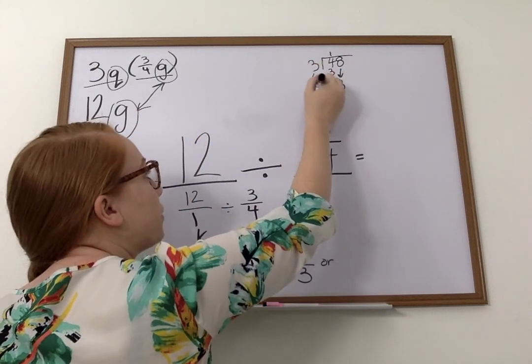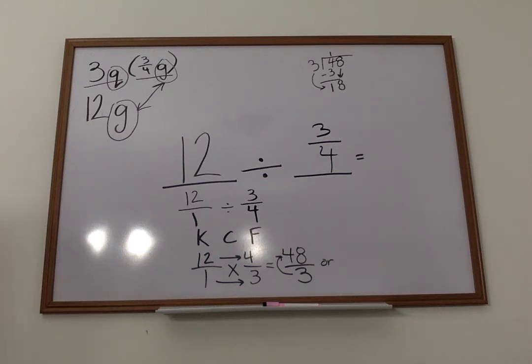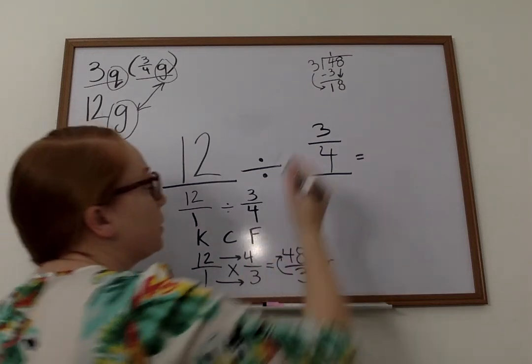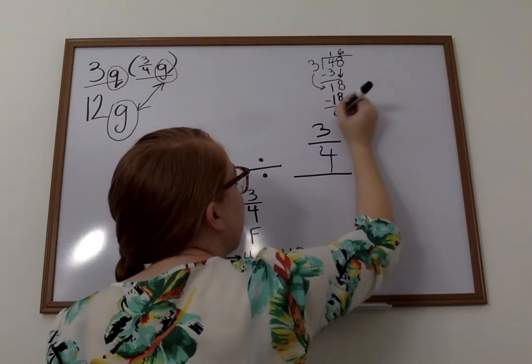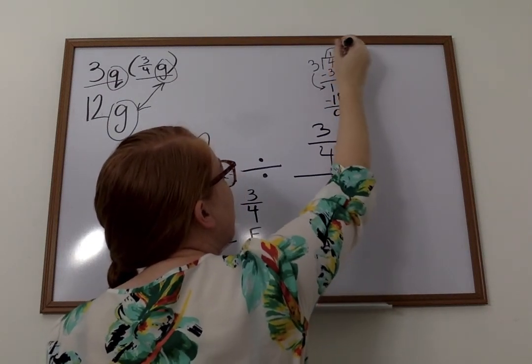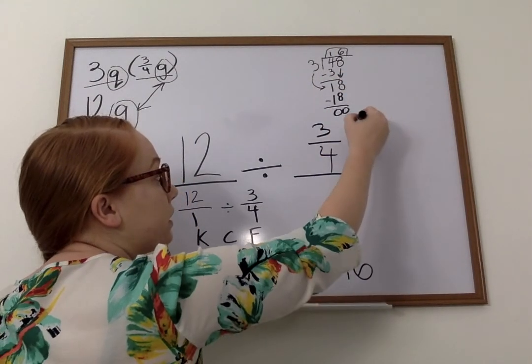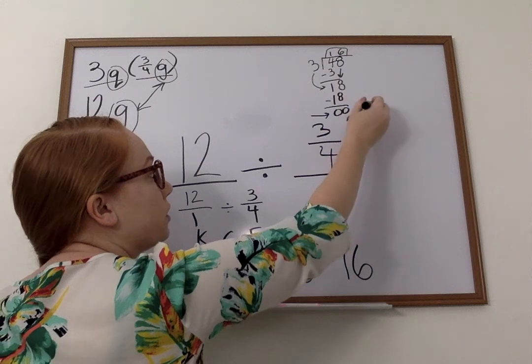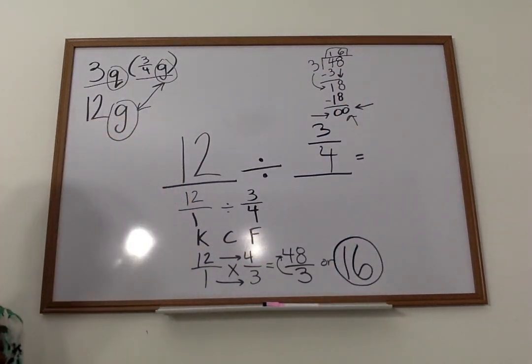Now, how many times can 3 go into 18? Well, I could count by that, and it's going to be 6. 3 times 6 is 18. Minus it out, I have nothing left over. So how many times did 3 go in? 16 times. Was there any left over? None. So that means it's a whole number 16.